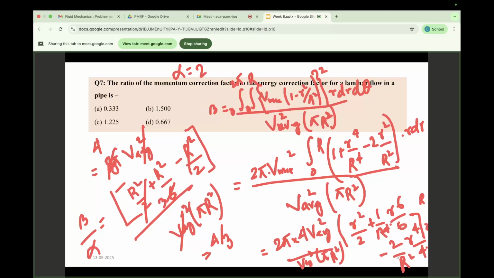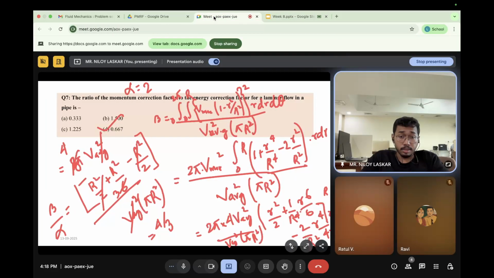If you calculate beta by alpha, that is the solution. So I think you understand this thing. In this way, you can solve this one.